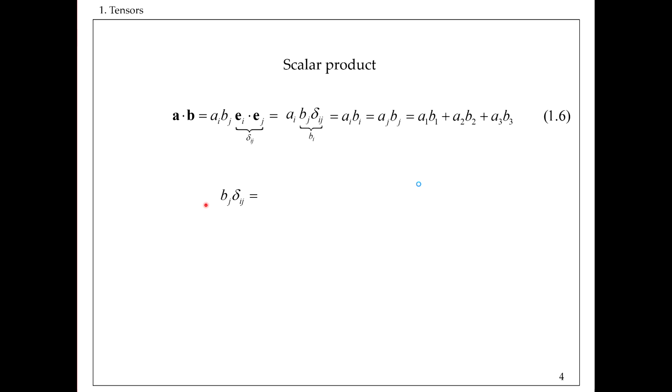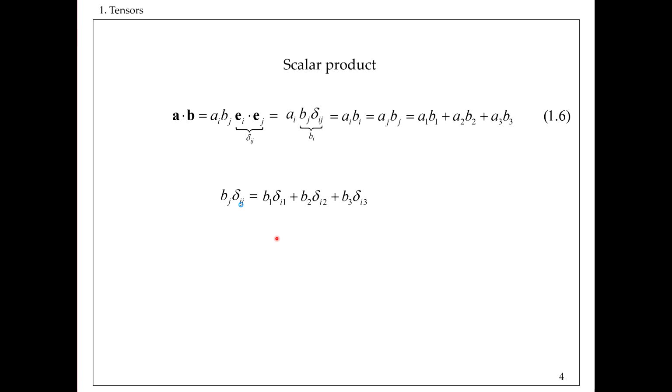The dummy index is j, so this is repeating, which means that we need to create a summation, while i is still a free index. When I write it explicitly, I'll have b1 delta_i1 plus b2 delta_i2 plus b3 delta_i3, exactly that. So this is the summation, and i is still a free index.